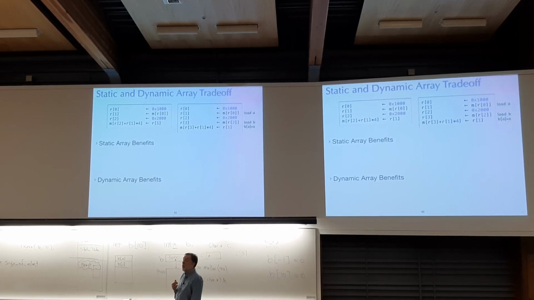But as you point out, with a dynamic array, the size of the array can be determined based upon, for example, inputs to the program. So if we were going to use a static array for some program that maintained information about students in an array, I, the programmer, would have to decide statically when I wrote the code how big that array should be.